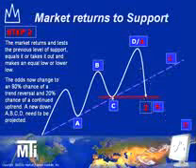Now, when the market returns to support, we are no longer making higher highs and higher lows. What we just did is we made a higher high, but a lower low, not a higher low, which is then a sign of a potential reversal.